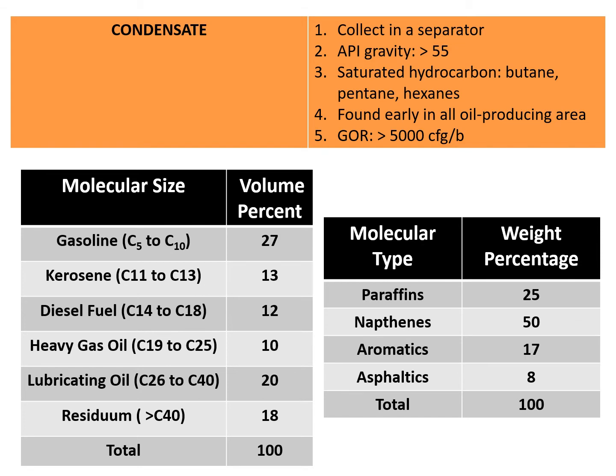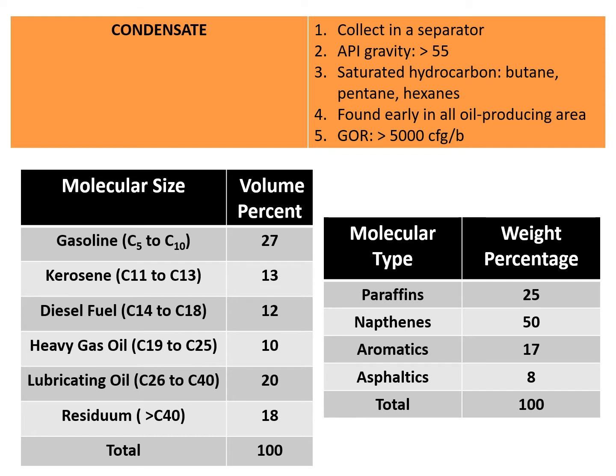So the API gravity here could be more than 55 API gravity, and it contains saturated hydrocarbons, such as butane, pentane, hexanes, and it is also found early in all oil producing areas with the GOR, gas oil ratio, more than 5,000 cubic feet gas per barrel. Alright, so this is the summary of the molecular size and molecular type of hydrocarbon.